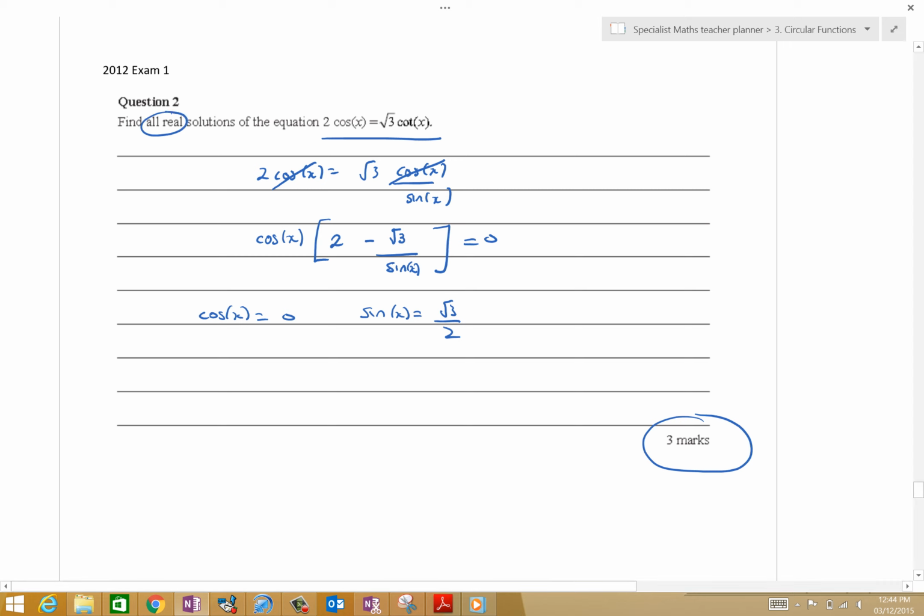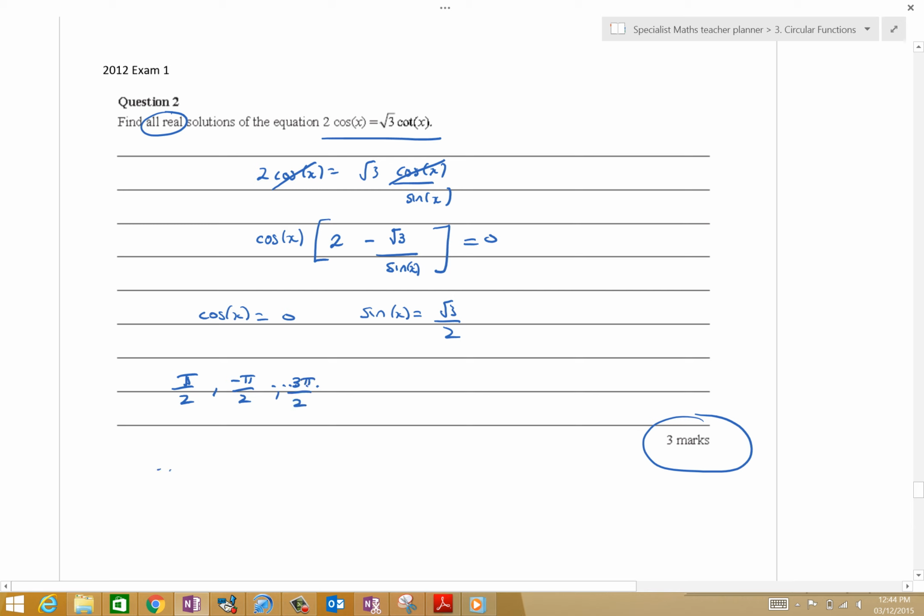So, just quickly, now we know cos of x equals 0 at pi on 2, negative pi on 2, yes? Pi on 2, negative pi on 2, etc. Okay? What am I doing though? I'm adding pi, aren't I? Yeah.